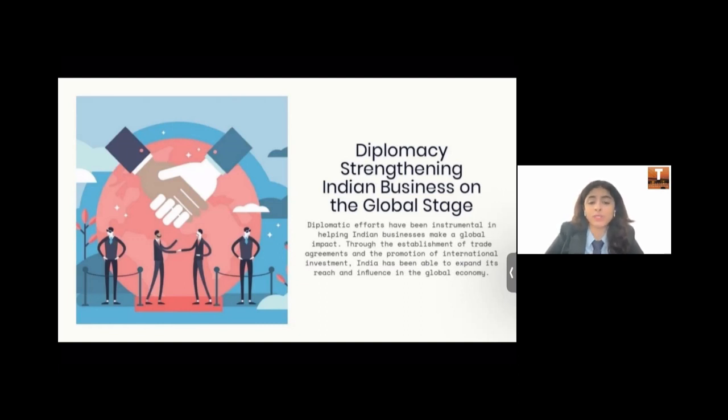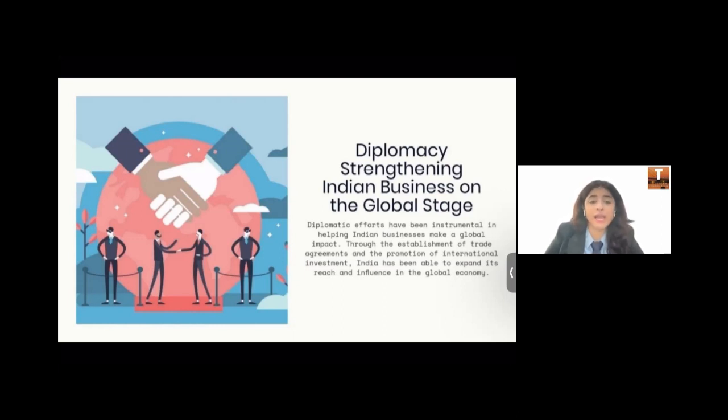Diplomats engage in investment promotion activities such as organizing trade delegations, business forums, and investment conferences, which create platforms for Indian businesses to showcase their capabilities and attract foreign investment.